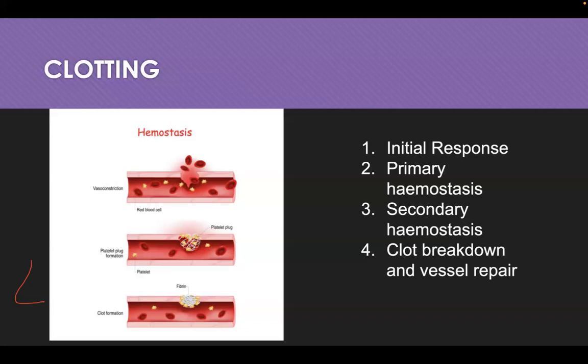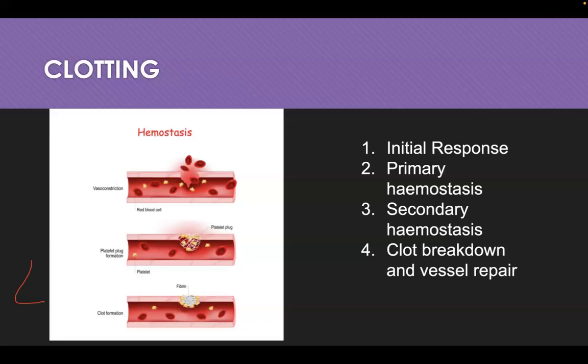Then secondary hemostasis is all about stabilizing the clot. And so we have a coagulation cascade, which I will talk about in a couple of slides, which causes the formation of fibrin strands to reinforce this plug, creating a stable clot, as we can see right at the end. And then what we want to do is try and repair.